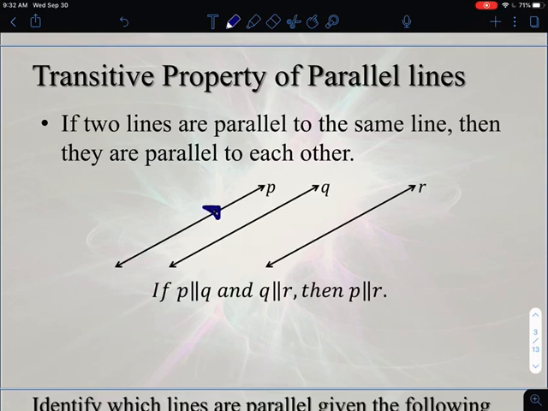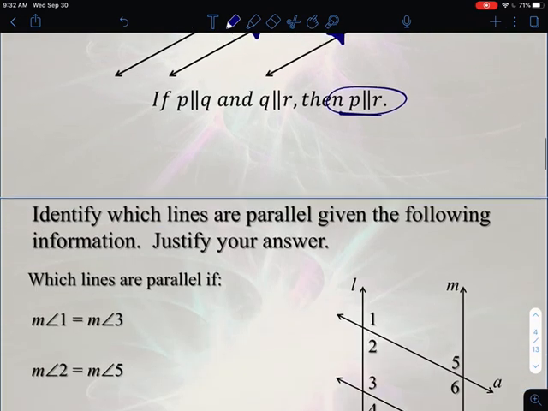So if I'm telling you that P and Q are parallel, but then I tell you that Q and R are parallel, because P was parallel to Q and Q was parallel to R, then P must also be parallel to R. All three of those lines have to be parallel to each other. So that transitive property applies to parallel lines as well. P led to Q, Q led to R, so P and R are going to be the same.